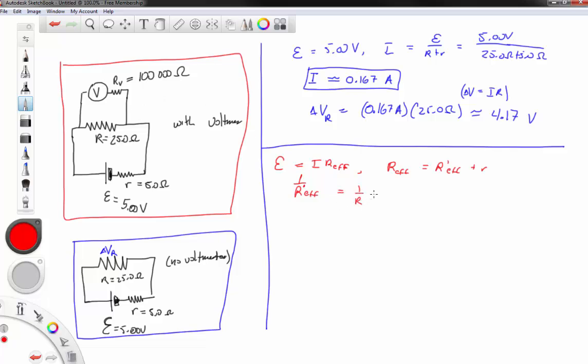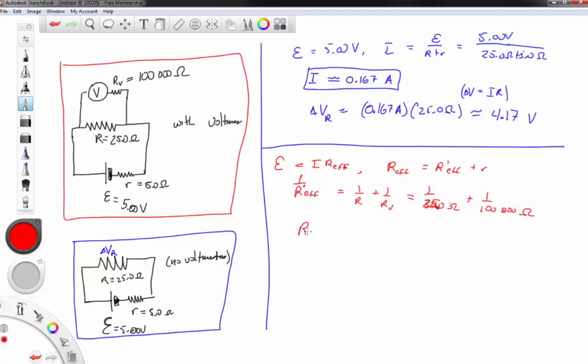So it's 1 over (1 over R plus 1 over R_V), or 1 over (1 over 25.0 ohms plus 1 over 100,000 ohms). If you do that, you can get a value for R effective.